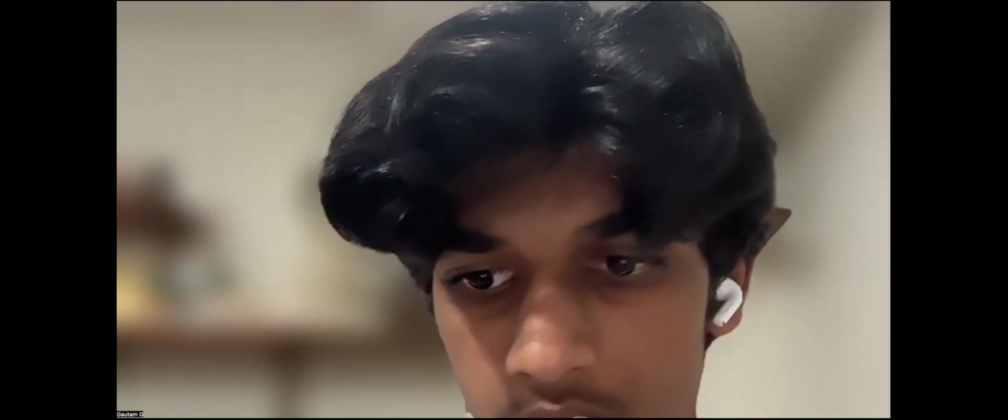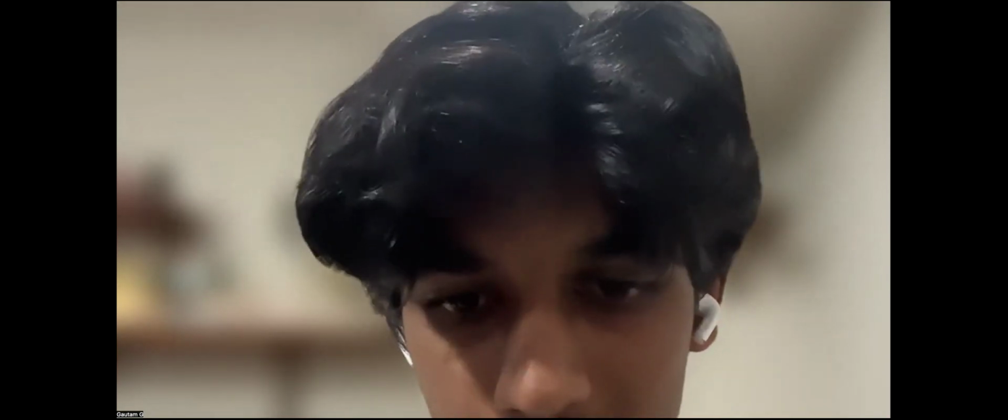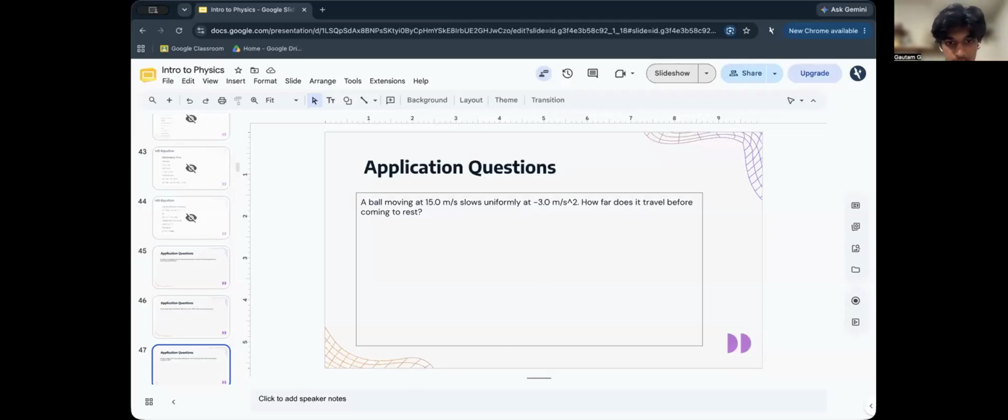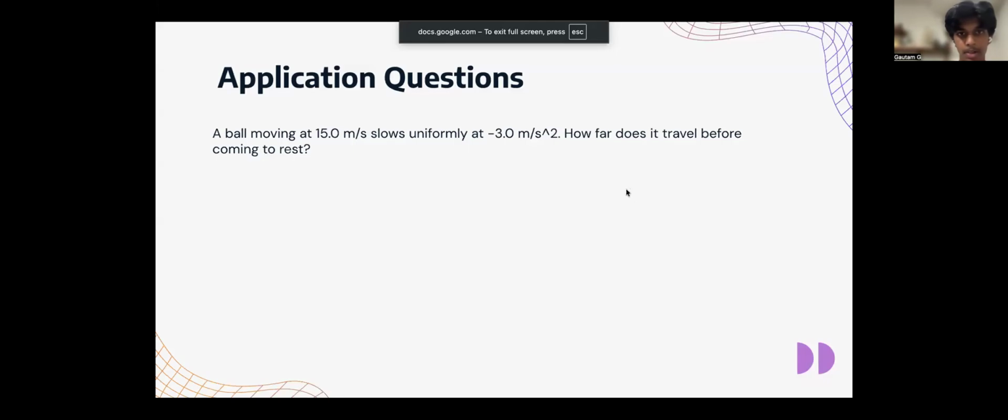Sorry, guys. Okay. There we go. I'm back to annotating.